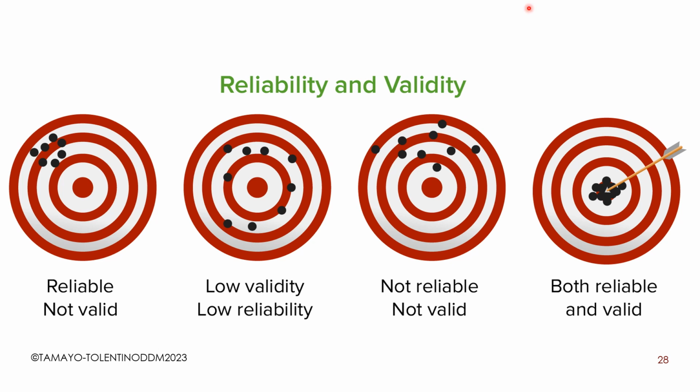The third diagram demonstrates an assessment that is not reliable and not valid, while the fourth diagram illustrates an assessment that is both reliable and valid. And this is what we desire.